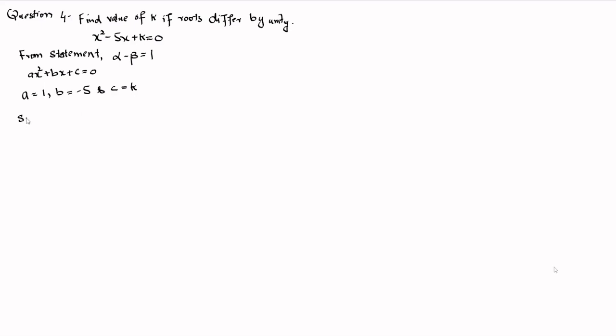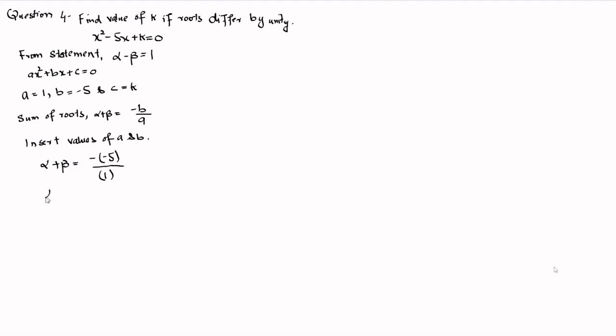Now we know that the sum of roots of a quadratic equation, which is alpha plus beta, is equal to minus b by a. Insert the values of a and b. We can write that alpha plus beta is equal to minus into the value of b, which is minus 5, divided by 1, the value of a.